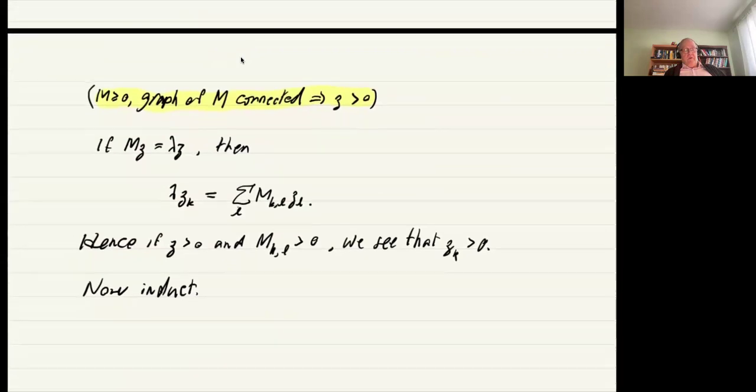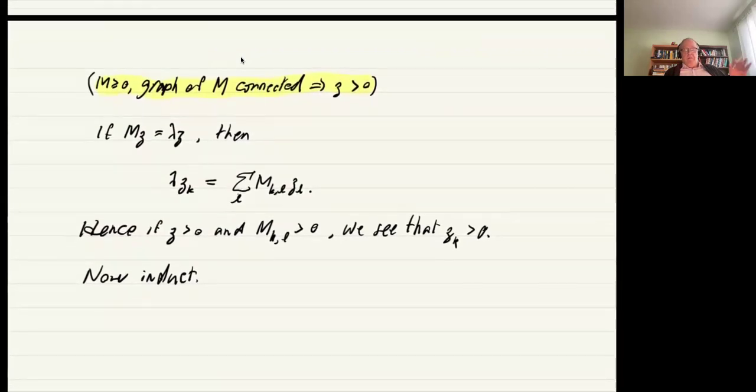Now the next step is simply that if the graph underlying M is connected, then the entries of z can be assumed to be positive. M is a symmetric matrix, but the entries are real, not necessarily zeros and ones.